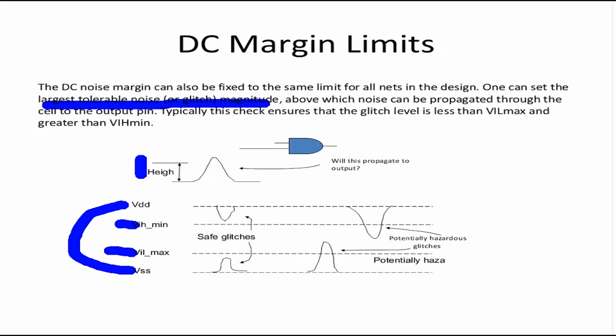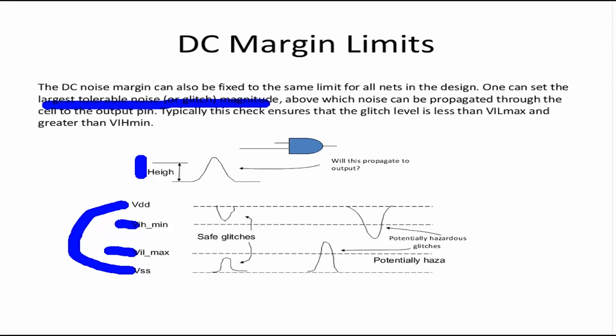VIL max means, among all the cells that we are using, the maximum VIL among all the VIL values. This is not actually a conservative analysis, since you are choosing just the maximum value. To be conservative, you have to actually choose the minimum value, because you want PrimeTime not to filter out any noise that is more than the least noise margin among all these cells.